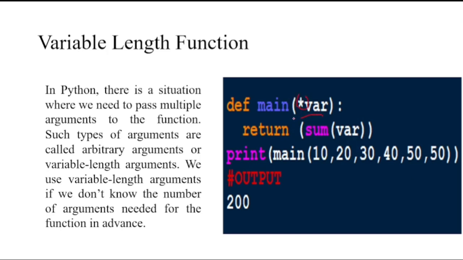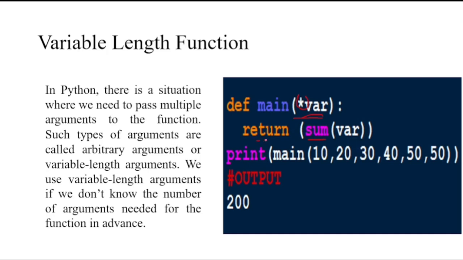So this tells Python, I want to put any variable length of values, right? And then we have the sum method. So what I'm doing here, I want to get the sum of the values that the user is going to input.